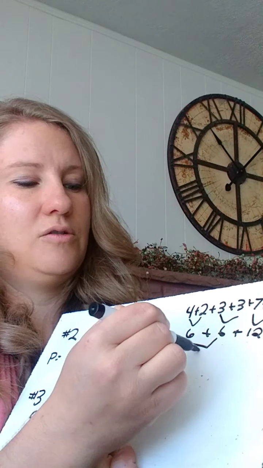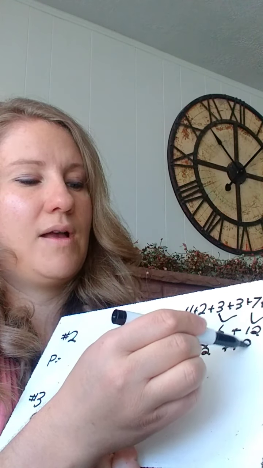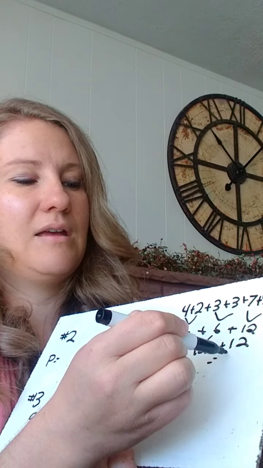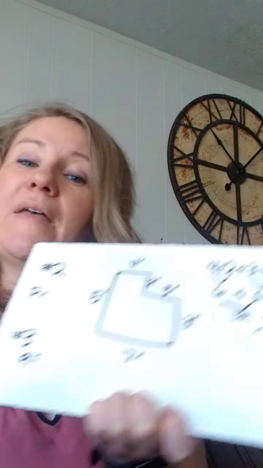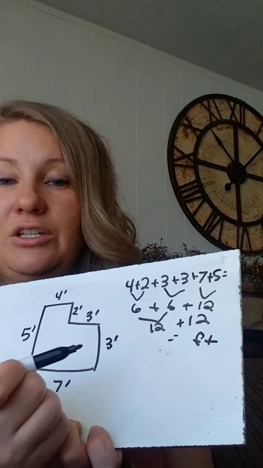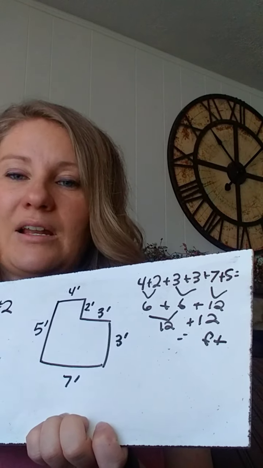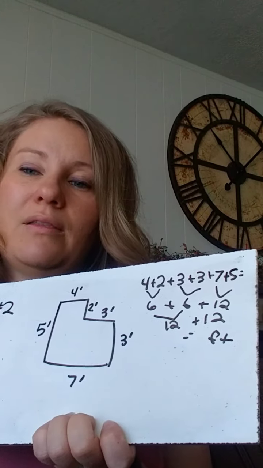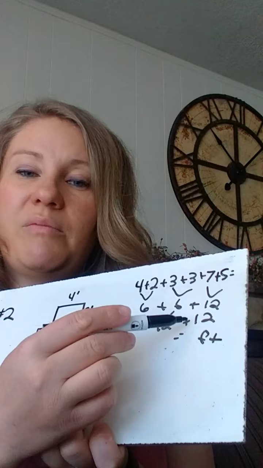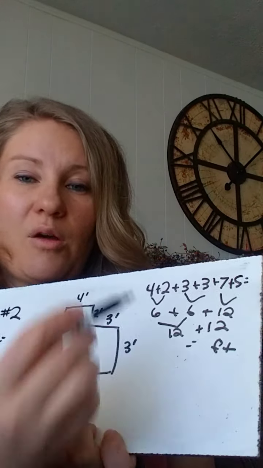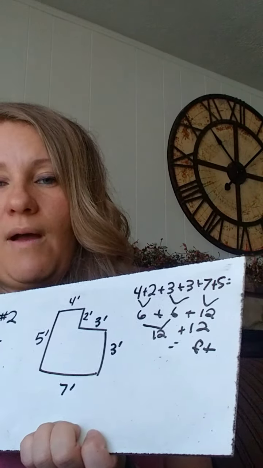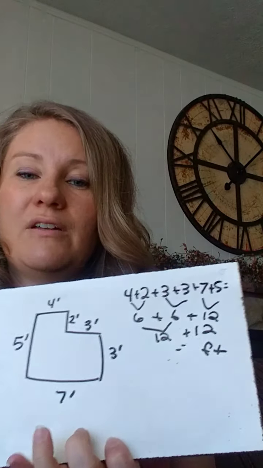I know that these two are 12 plus 12 equals how many feet? Now they're just bubbles, so you only have to add in a bubble. You don't need to worry about labeling. So 12 plus 12 equals how many feet for our perimeter? So I've broken it down for you quite a bit there. Okay, so I'll let you finish that one up.